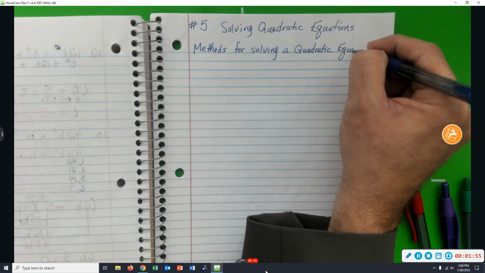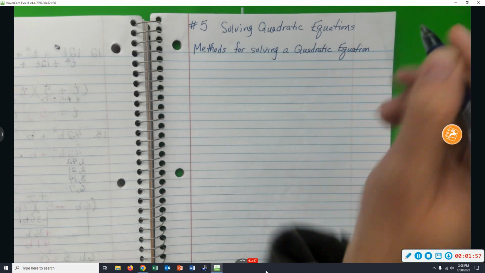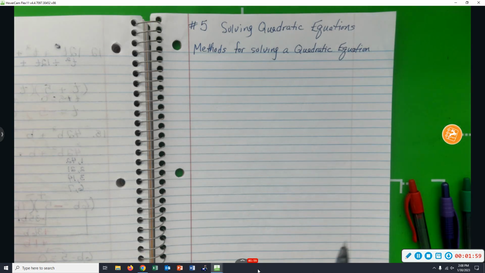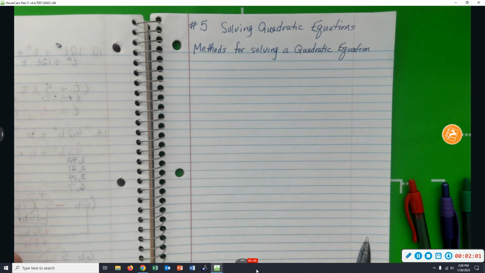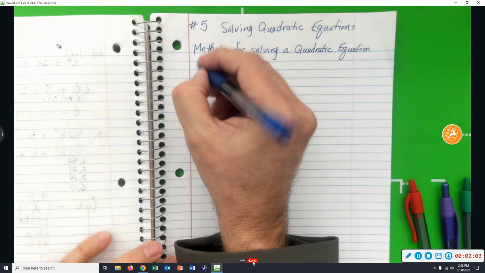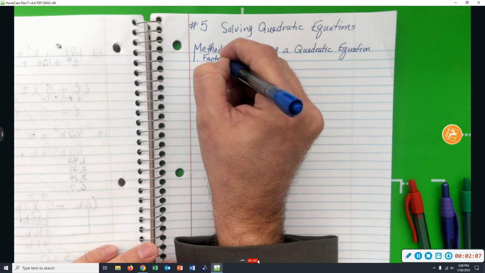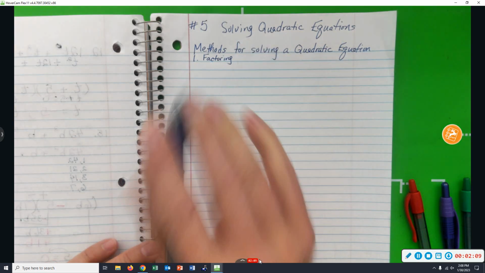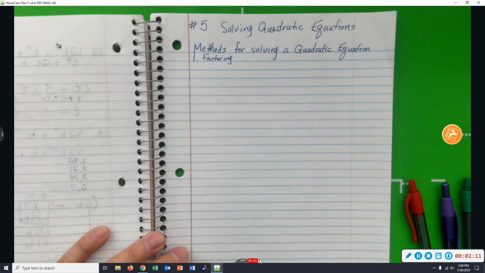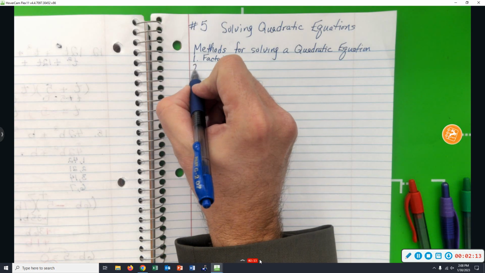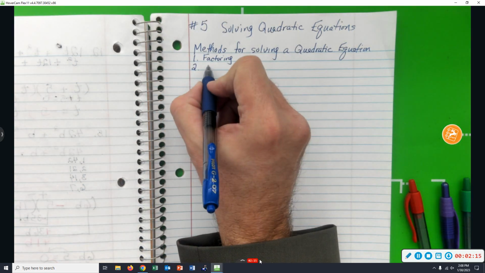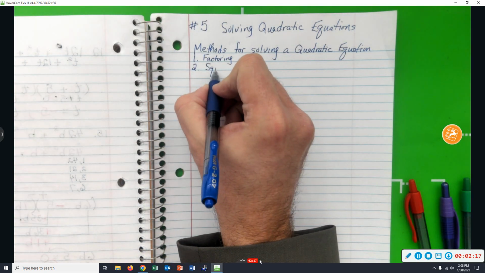And that's the biggest exponent in it. There's not an x cubed. An equation means there's an equal sign in it. Okay? The methods that we'll see, well, we've already done some with factoring in the last assignment, but we'll do another one of those just to jog your memory. Then we'll see something called the square root method.